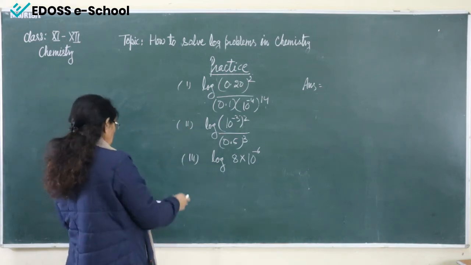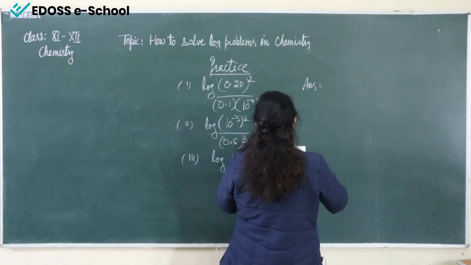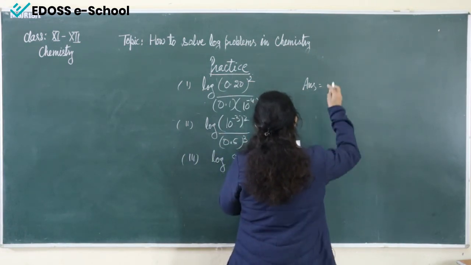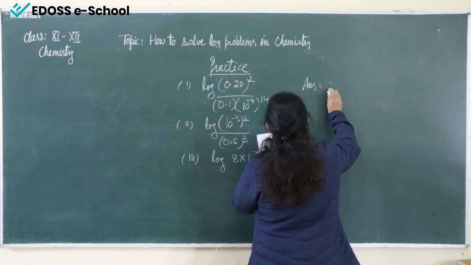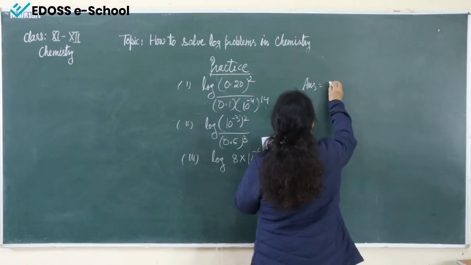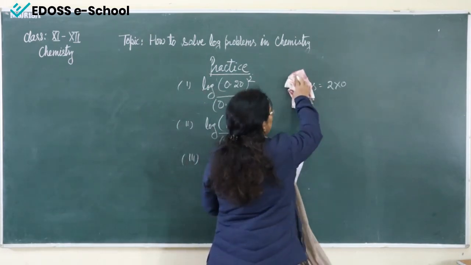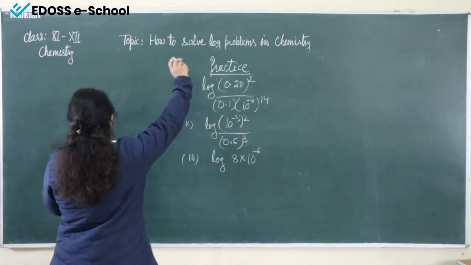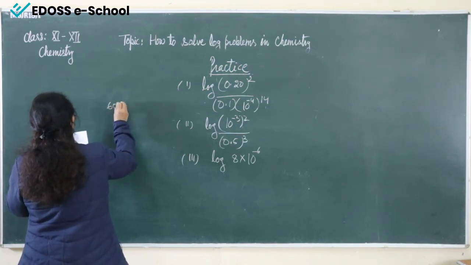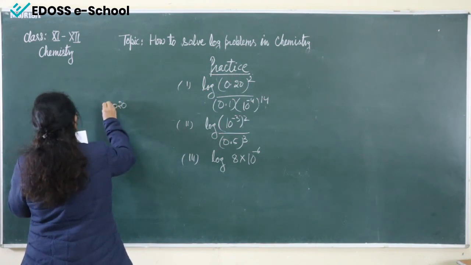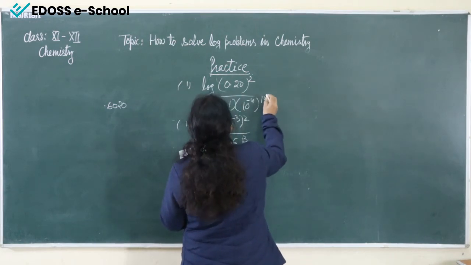Okay. The answer of this first question should come, this is 0.20. So this is coming, you have to do it. Wait, I will calculate it and then I will give you the answer of this first question. This is coming 55 point.